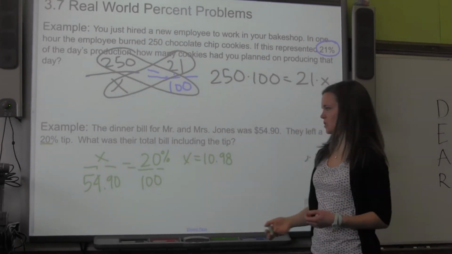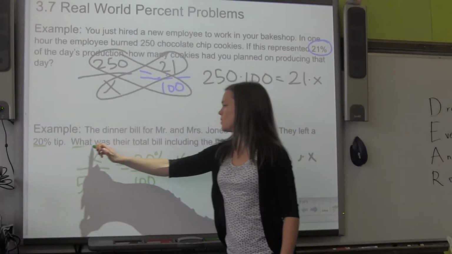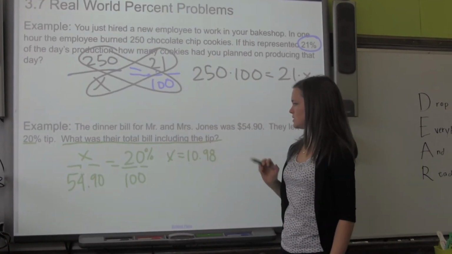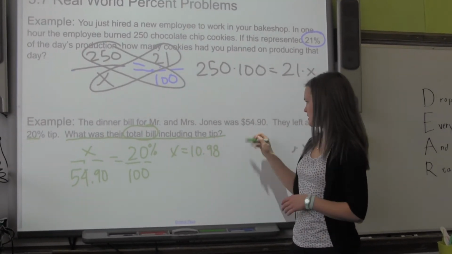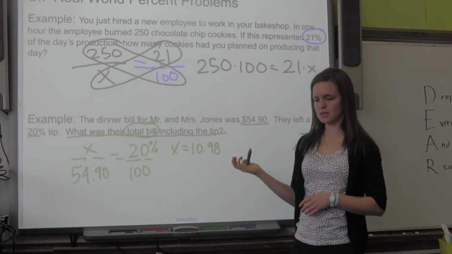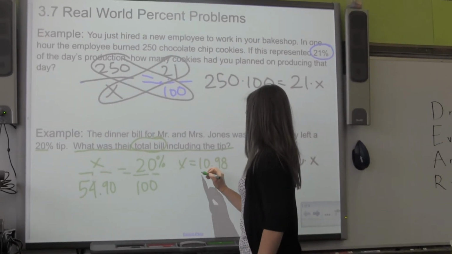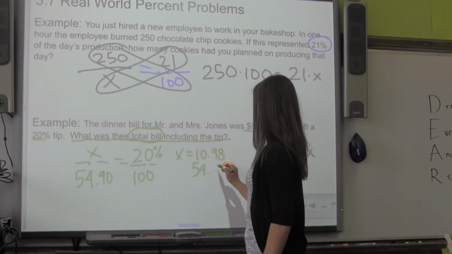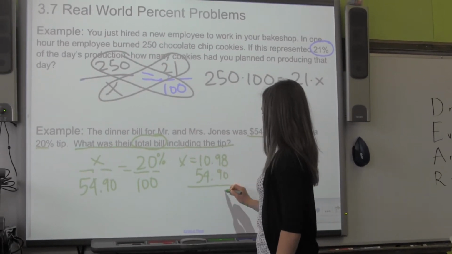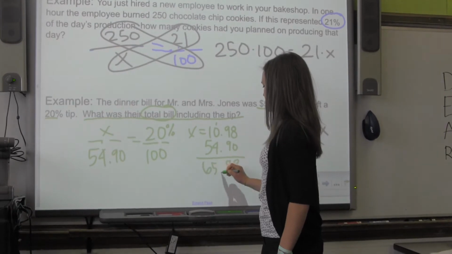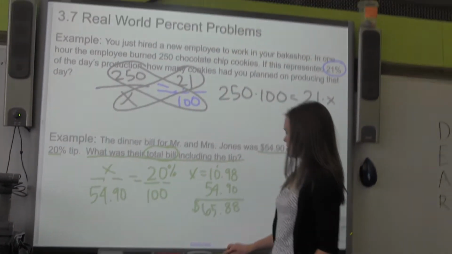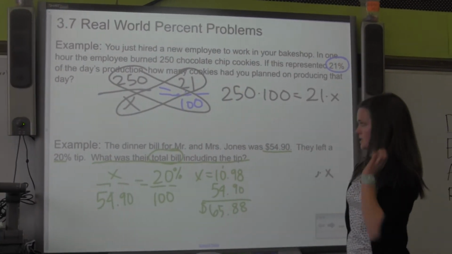That's not the answer to the question though, because the question said, what was their total bill including the tip? Their total bill. So I want to take that tip and add it on to the cost of dinner before the tip. So I have 10.98 and I'm going to add 54.90. It's going to be $65.88 was their total bill including the tip.